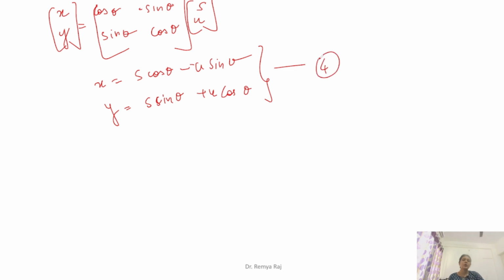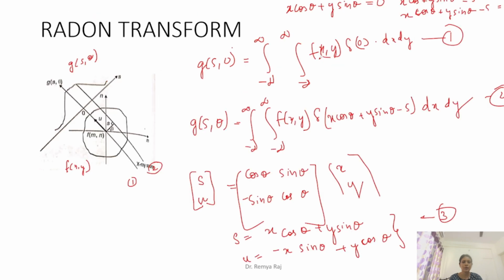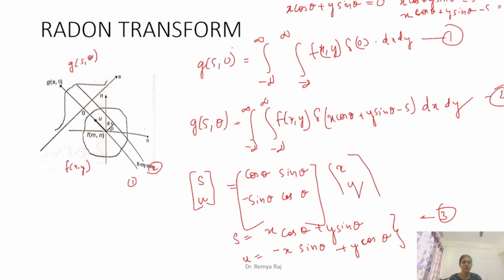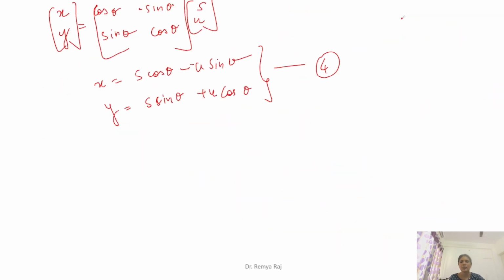I am going to write this as equation number 4. Now I am going to substitute equations 3 and 4 in equation number 2. So what will I be getting now? g of s comma theta equals the integral from minus infinity to infinity, integral from minus infinity to infinity, of f of x comma y.